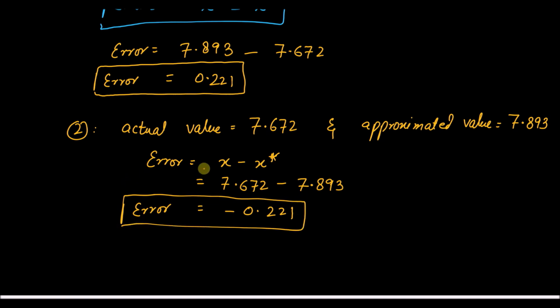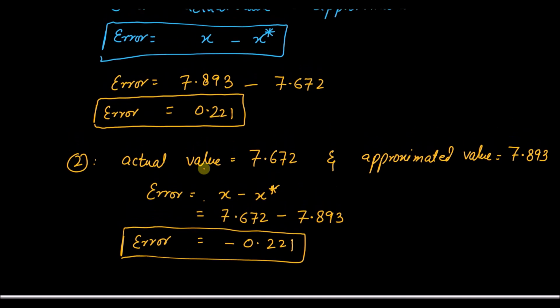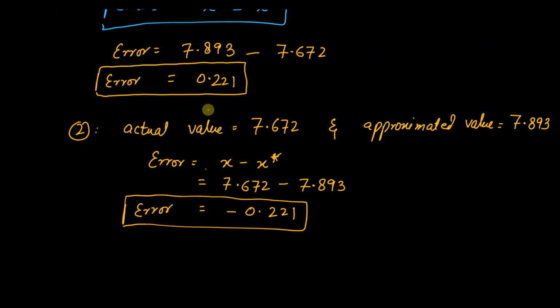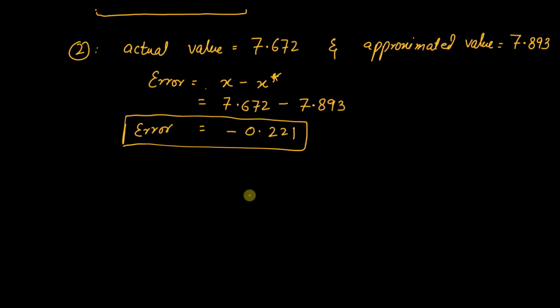If we consider the top one and the lower one, in the top one the actual value is greater than the approximated value, and in the lower one the actual value is smaller than the approximated value, due to which we get a negative error. So we conclude that error may be negative and error may be positive.